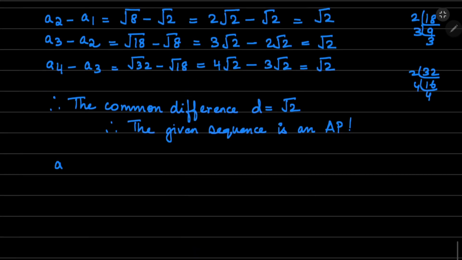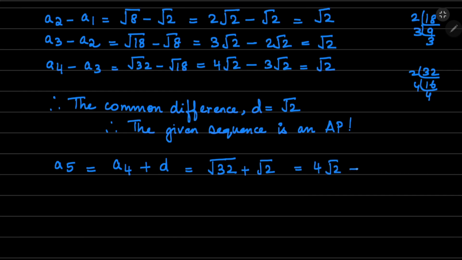So, what is your A5? A5 will be the fourth term plus the common difference. Okay. So, what is your fourth term? Root of 32. I'm looking here and writing. Okay, root 32, plus your d. What is your d? Root of 2. What is root 32? It is 4 root 2.